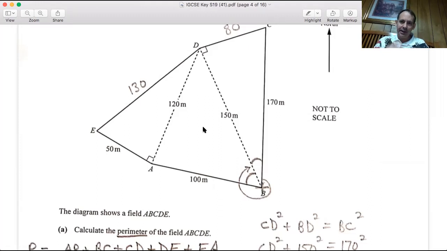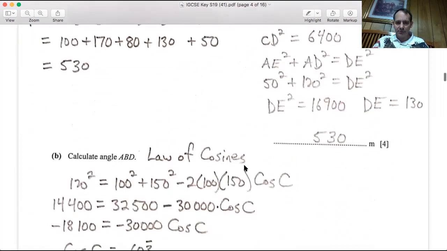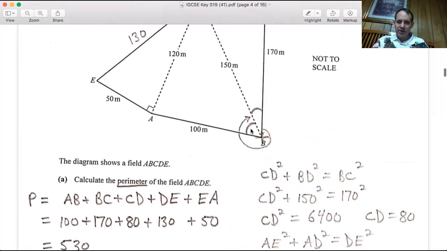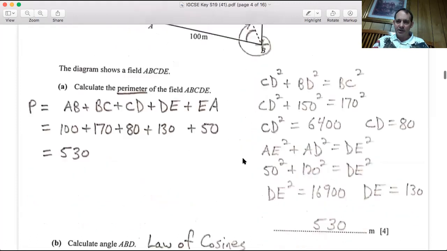If you had a pair where you had both the side and the angle, you could use the law of sines. But since we don't have a pair, we have to use the law of cosines. So the law of cosines, where we want to solve for this, means this is our side that's by itself, and these two that are next to the angle are together.